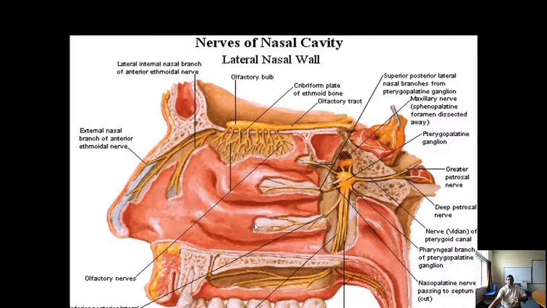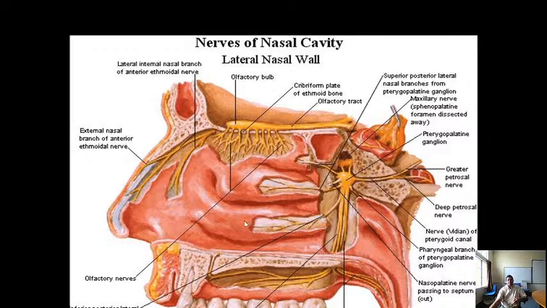So this is called the parasympathetic outflow, wherein there is increased blood supply and there is engorgement of these erectile tissue in the inferior turbinate area particularly. Now we'll come to that. I'll try to explain to you how it happens.